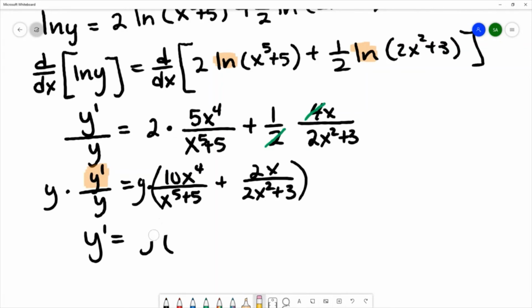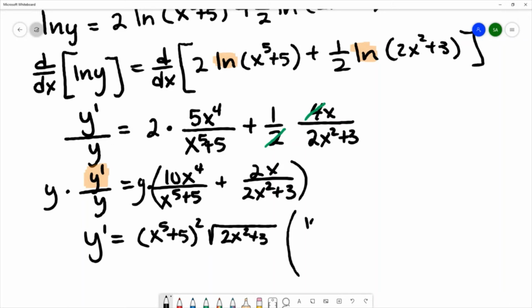That was the original equation. The original equation was y equals x to the 5th plus 5 squared times the square root of 2x squared plus 3. And I'm copying this down.